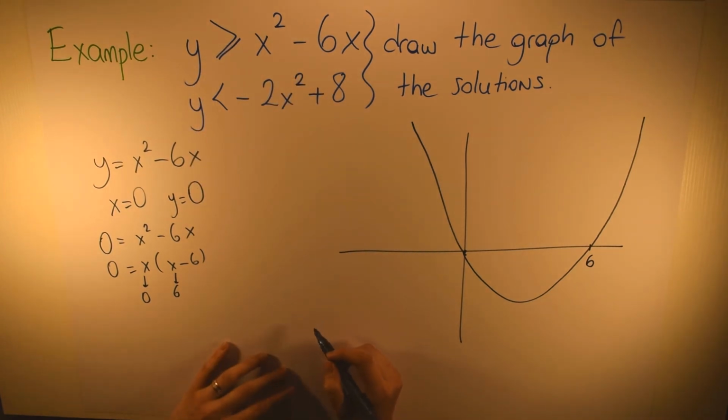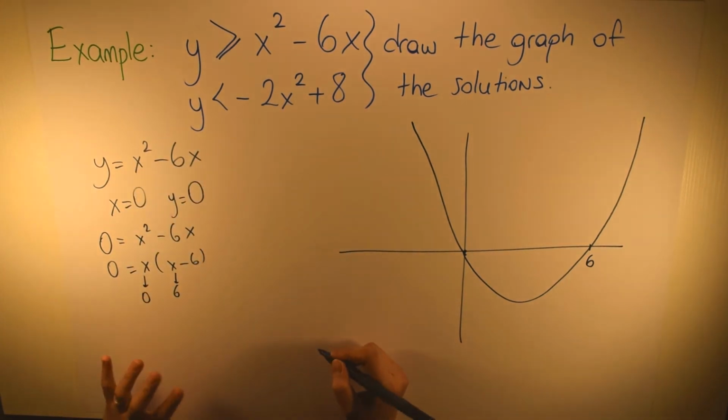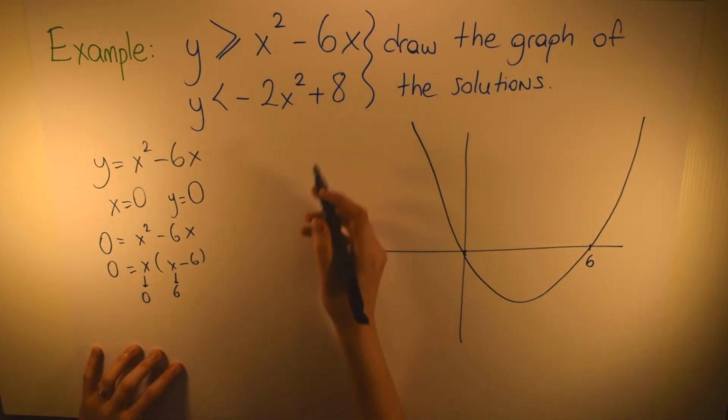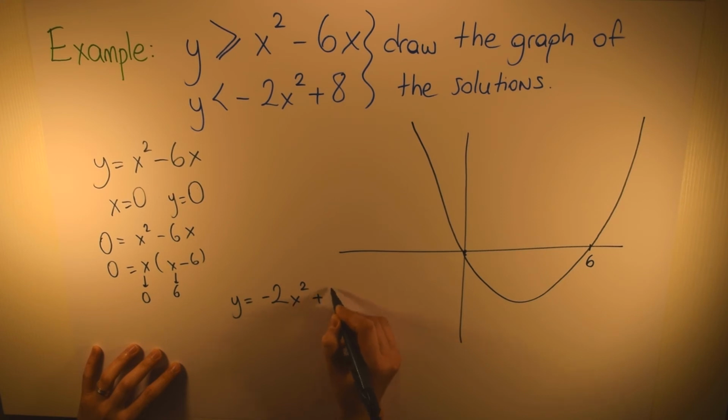So after that we will do the second one. This is the same thing. So we will think of this as a normal quadratic equation, which is y is equal to minus 2x squared plus 8. So when x is equal to 0, y is equal to 8.